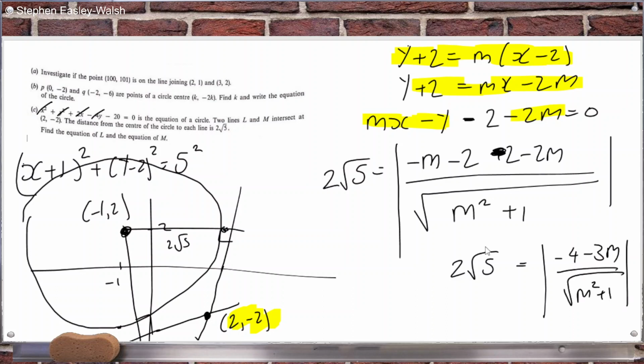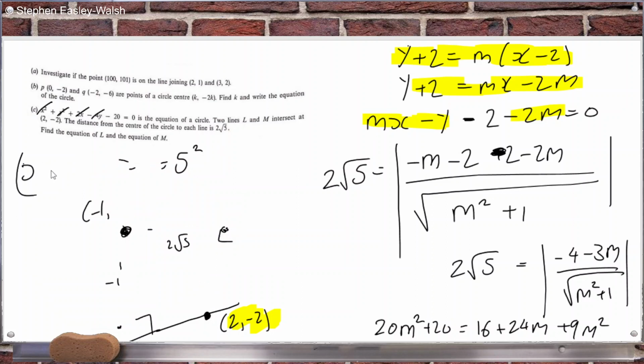plus 1. Squaring and cross multiplying, that's 20m squared plus 20 equals 16 plus 24m plus 9m squared. So let's make a bit more space up somewhere here.